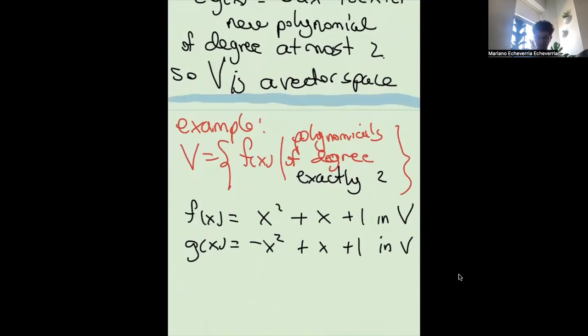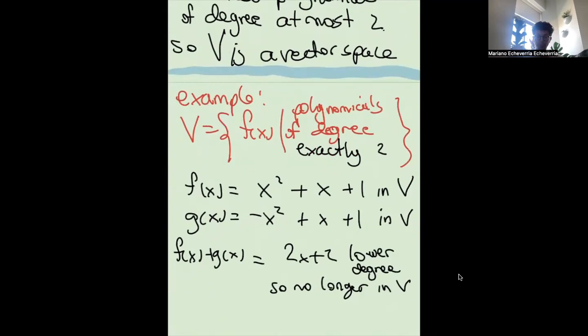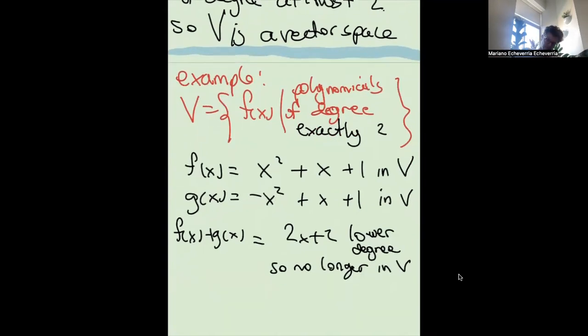But now if you add them, you get 2x plus 2, and the degree was lowered, right? And so now since it's no longer at most 2, but it has to be exactly 2, this no longer belongs to V. So it has lower degree, so no longer in V. So the sum property fails in this case.